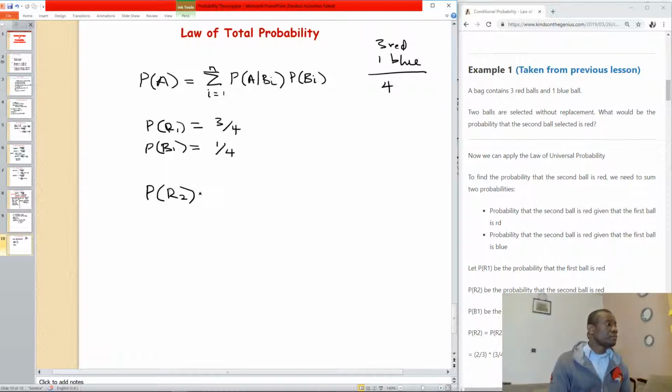So now, the conditional probabilities, let's start that way.